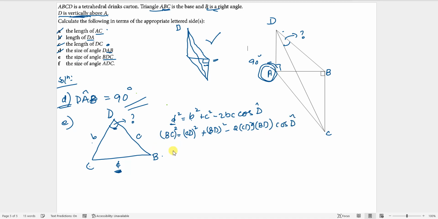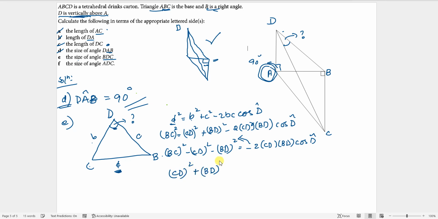So we can write BC square minus CD square minus BD square is equals to negative 2 CD BD cos angle D. So if you take this negative sign to the other side, it becomes CD square plus BD square minus BC square is equals to 2 CD BD cos angle D. I'm just rewriting it.